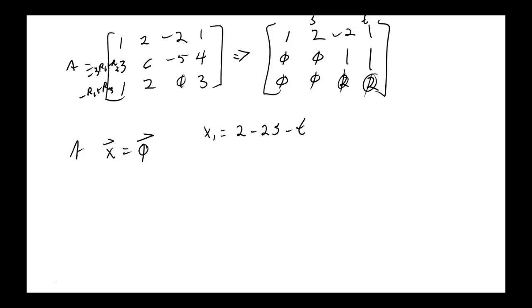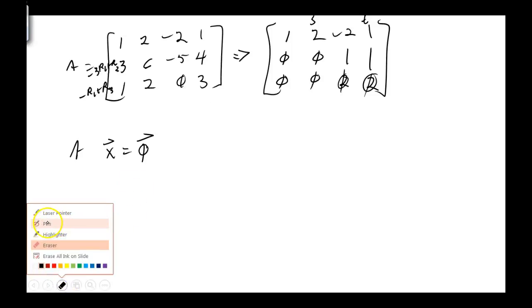They did it slightly differently. Oh, you know what they did? They did reduced row echelon form, not just stop at row echelon form.